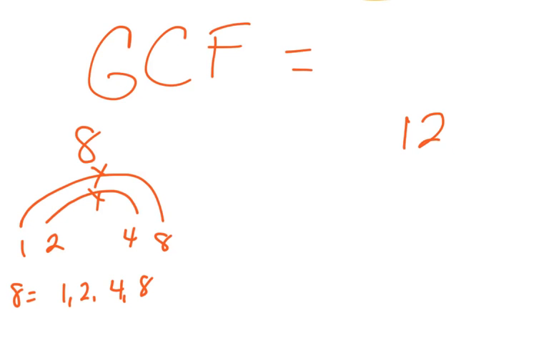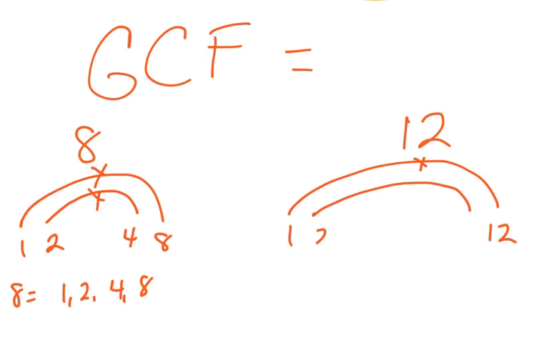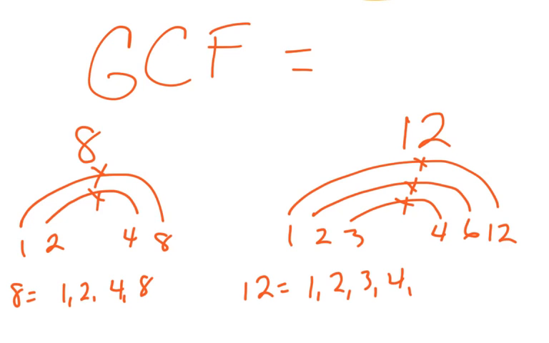Then we're going to do 12. 1 times 12. 2 times 6. 3 times 4. So the factors of 12 are going to be 1, 2, 3, 4, 6, 12.